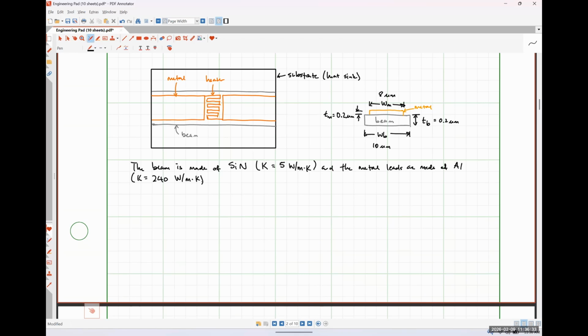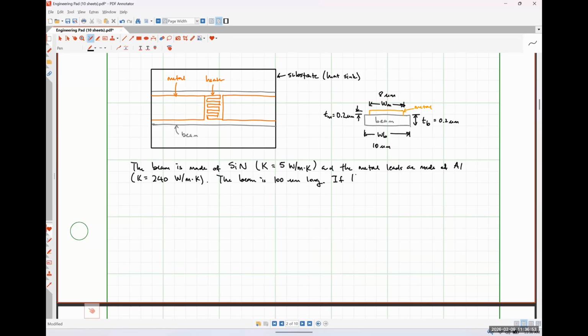The beam is 10 microns wide, which we've already covered. It is 100 microns long, and 0.2 microns thick. We already have that.